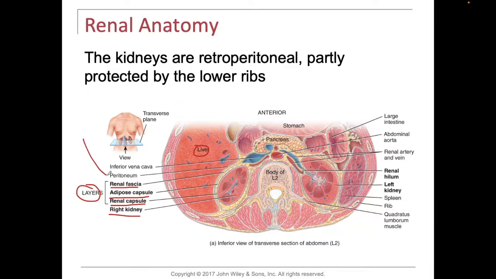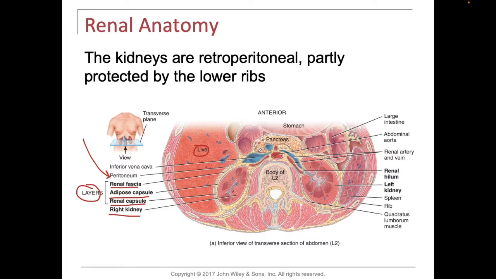Now, here is the peritoneum. You can see the peritoneum. So the peritoneum does surround a lot of digestive organs. It just doesn't surround the kidneys or the pancreas.